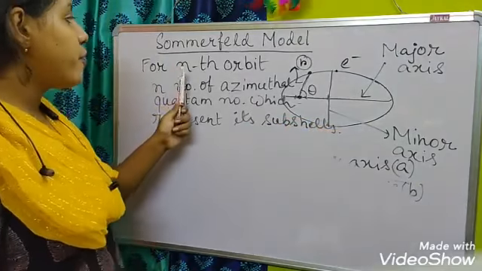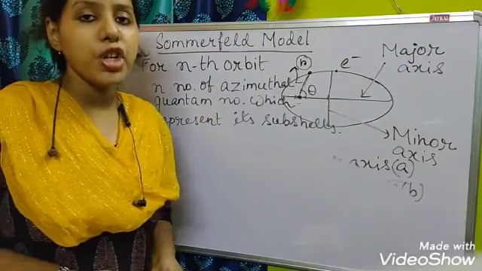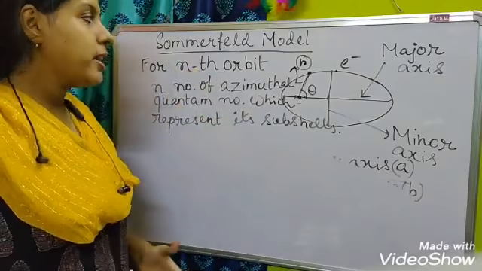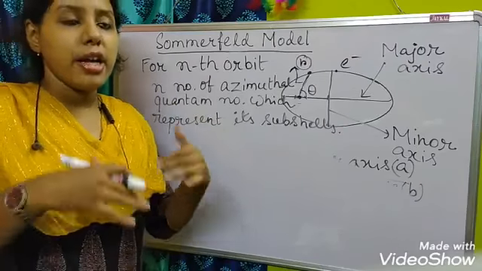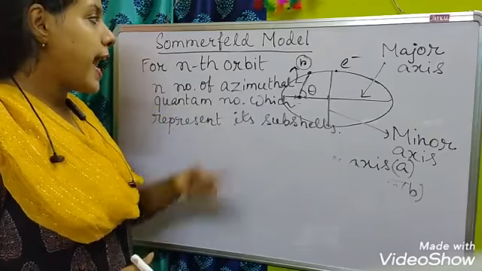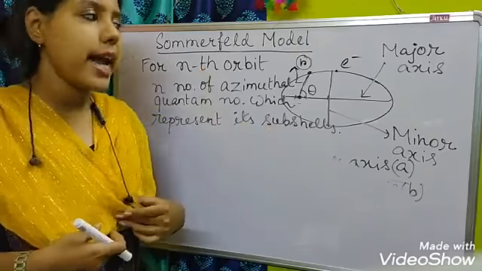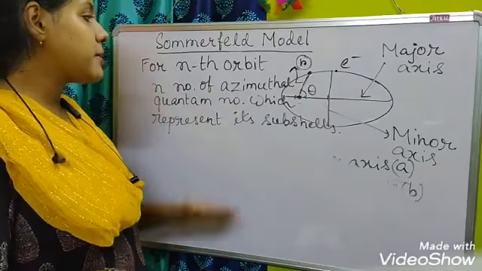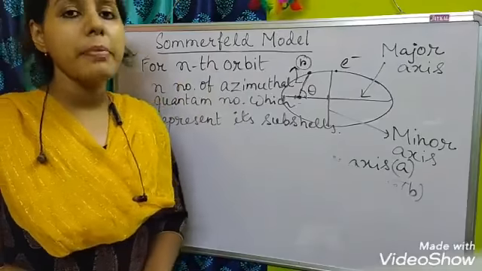It means that if n is the number of the shell, then it will contain different subshells in it, which are represented by the azimuthal quantum number.